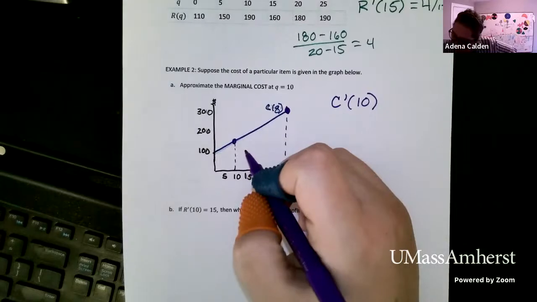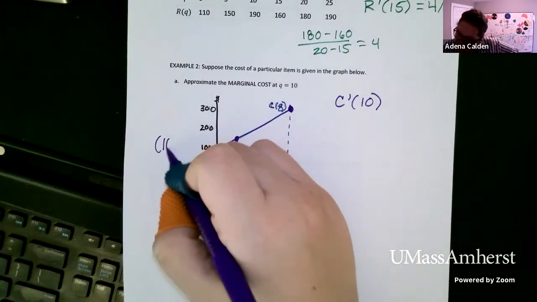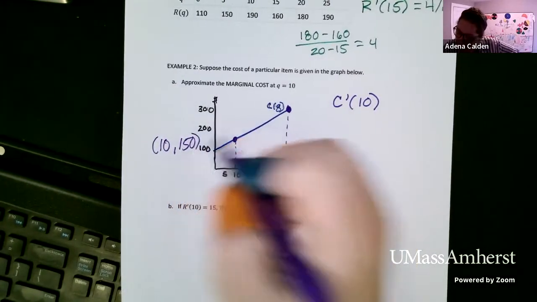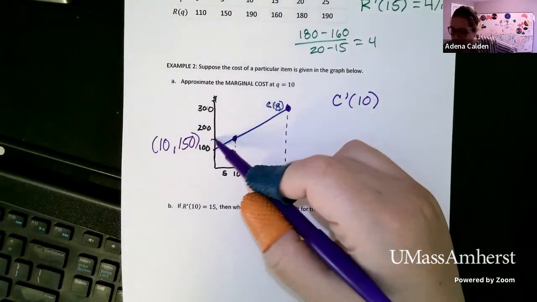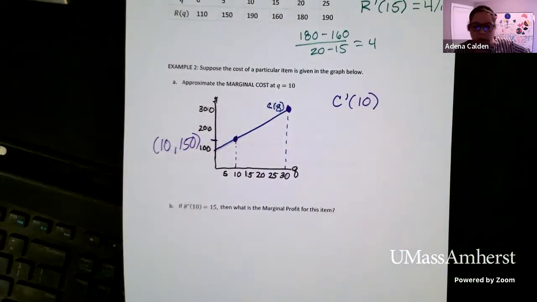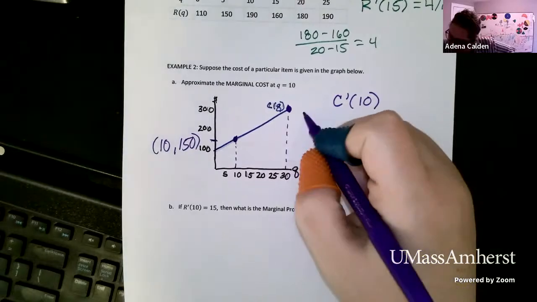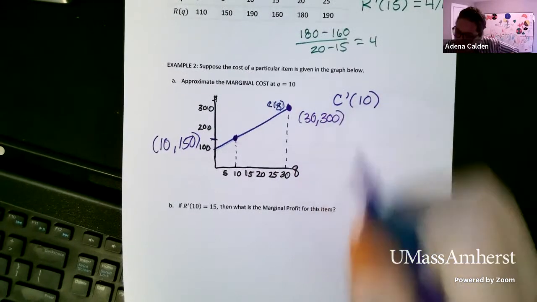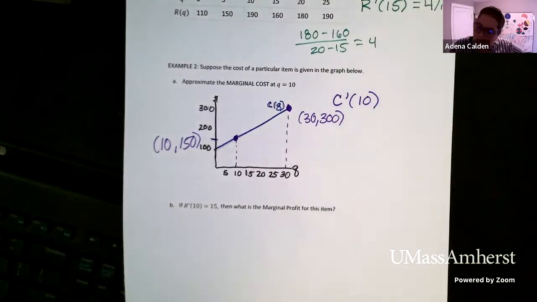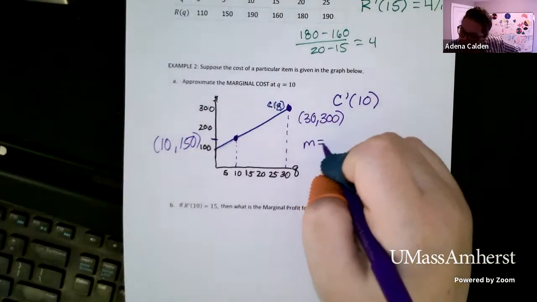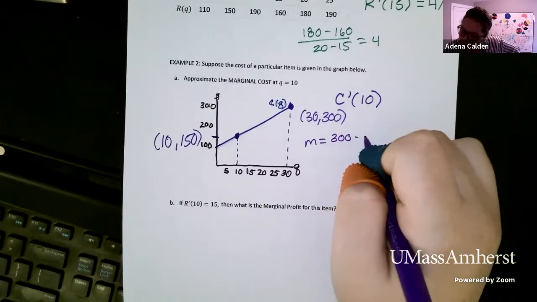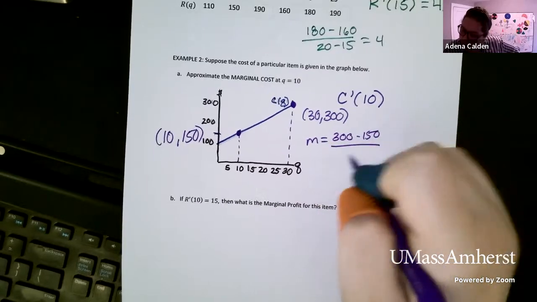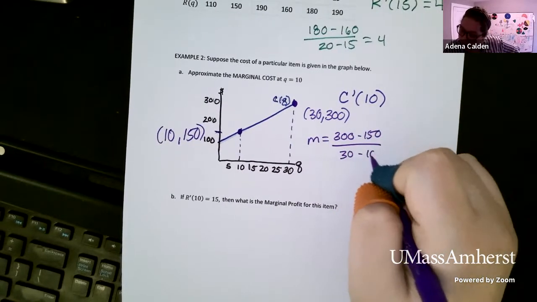I picked the points (10, 150), which looked like it was about halfway between 100 and 200, and over here I picked the point (30, 300). To get the slope of the line, I do change in y over change in x: 300 minus 150 over 30 minus 10.